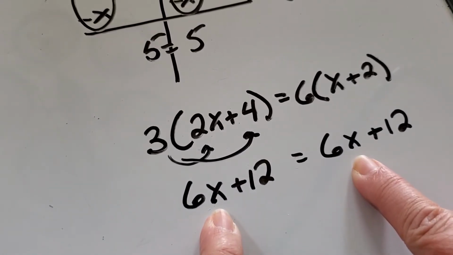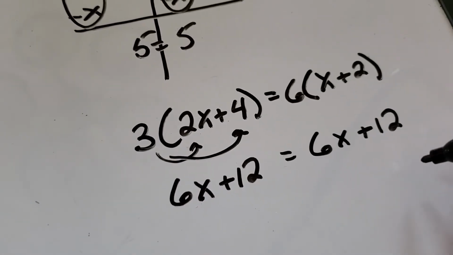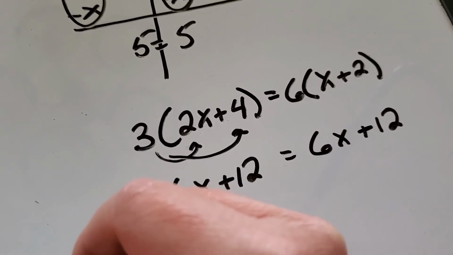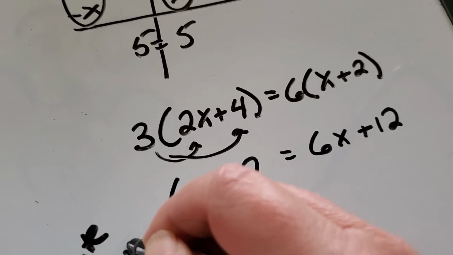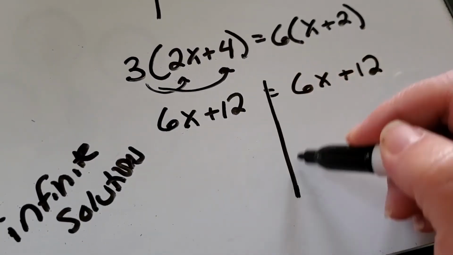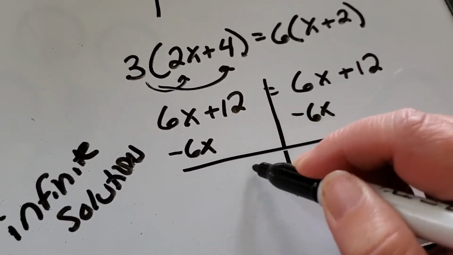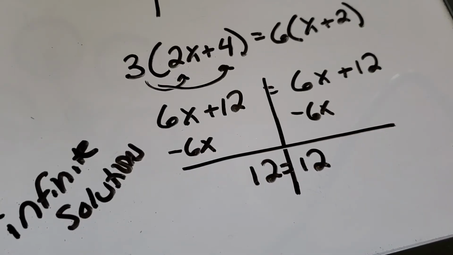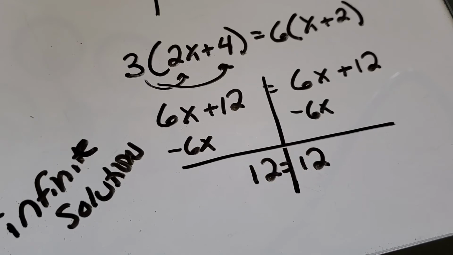Any number you filled in for x would work there because the two sides of the equal sign say exactly the same thing. This equation has infinite solutions. Again, though, if you kept going and you tried to solve that by subtracting 6x from both sides, you'd get 12 equals 12, which does make perfect sense. That's when an equation has infinite solutions.